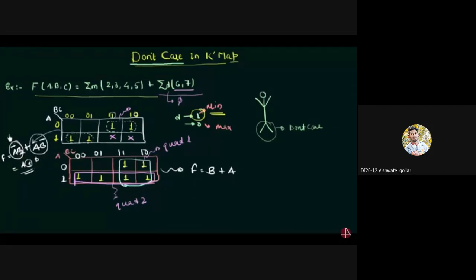But there an AND gate is required, then another AND gate, and then an OR gate. So 3 gates are required, but here only a single 2-input OR gate is required. So this is the advantage of using the don't care as 1 in case of min term grouping, and 0 in case of max term grouping.